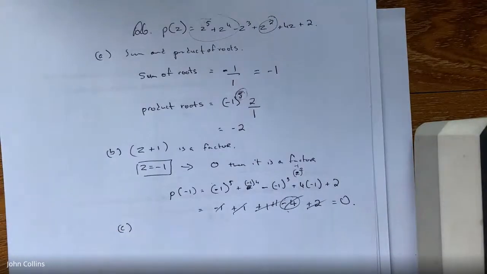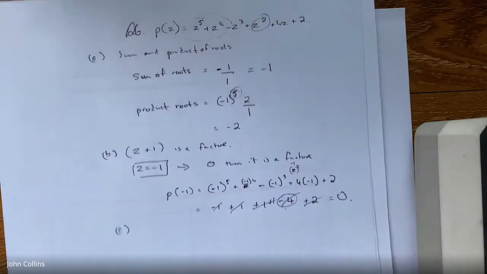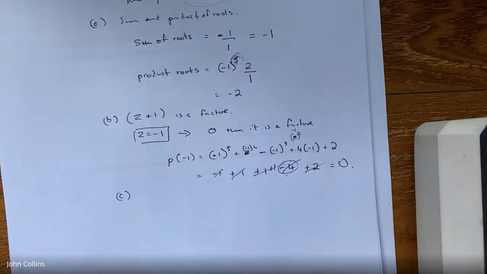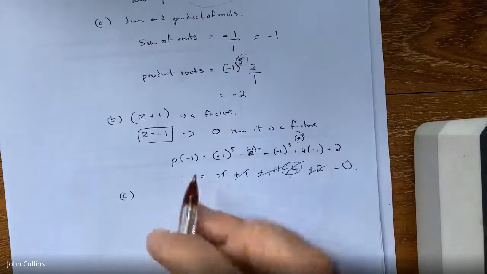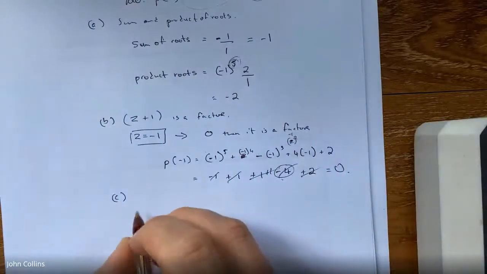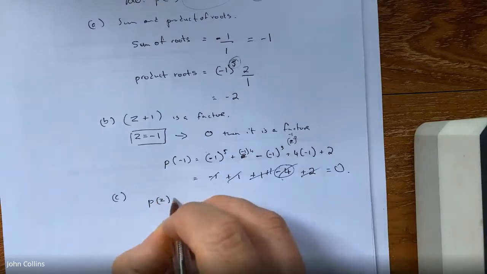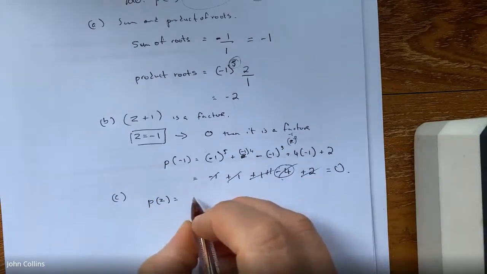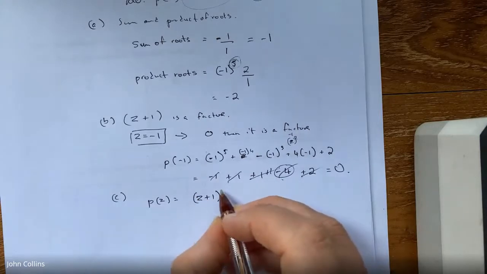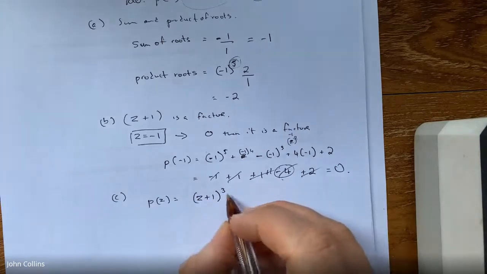I definitely knew I made a mistake because it was a 'show that' question, and it would have to work. Part C then says the polynomial, this polynomial that was given in the question, can be written in a different way. Of course it can, because we already know one of the factors, but let's see how it can be written. Z plus 1 is actually a repeated root, isn't it?